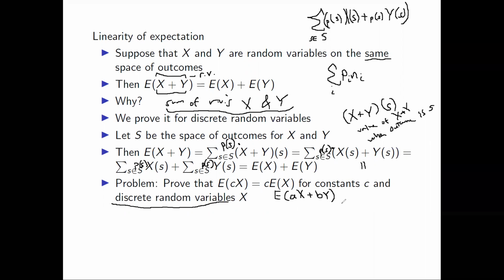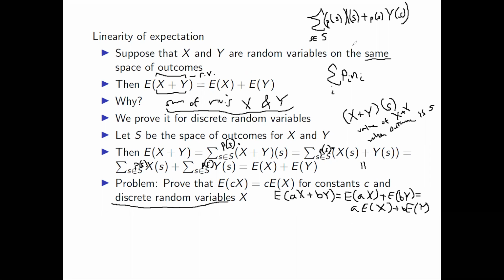So if we have some discrete random variables x and y and constants a and b, we can use what we proved in the previous bullet to write this as the expectation of ax plus the expectation of by. And using the problem that I'm asking you to do, then you can write that as a times the expectation of x plus b times the expectation of y.